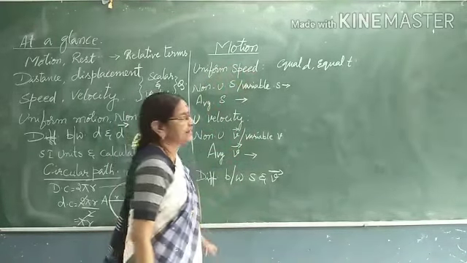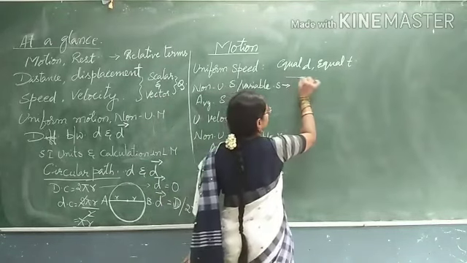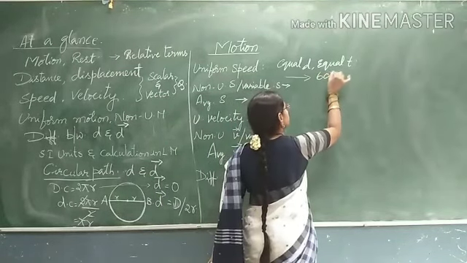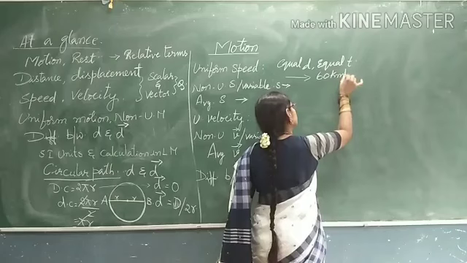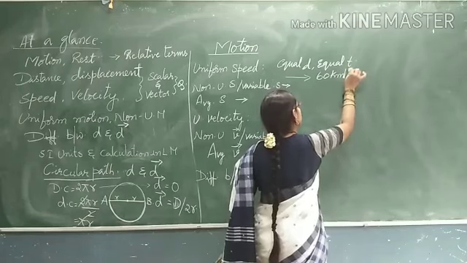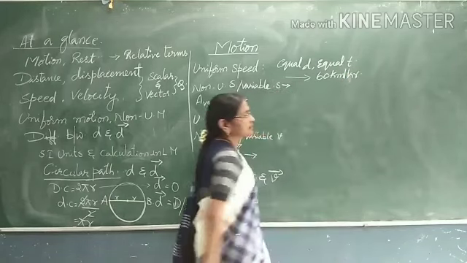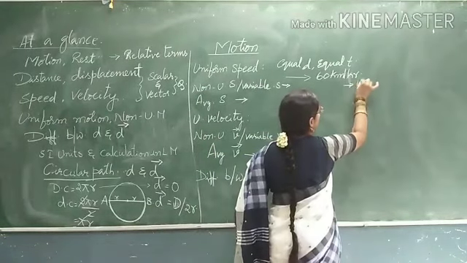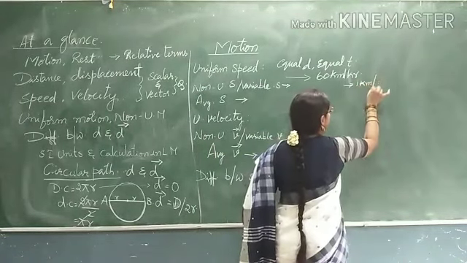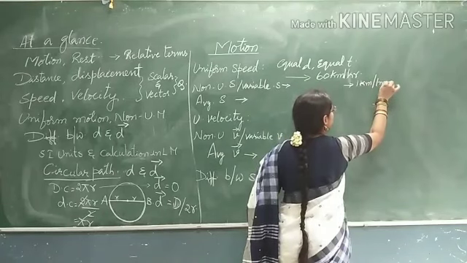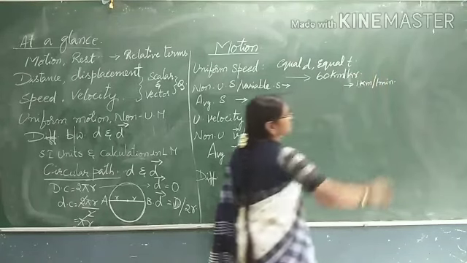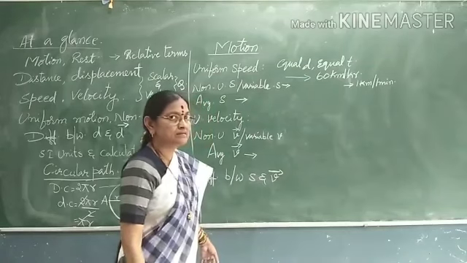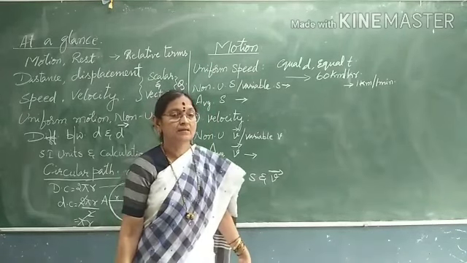Suppose when you say that a car is moving 60 kilometers per hour, that means every minute it is covering 1 kilometer. 1 kilometer per 1 minute. Now 10 kilometers, 10 minutes. 30 kilometers.